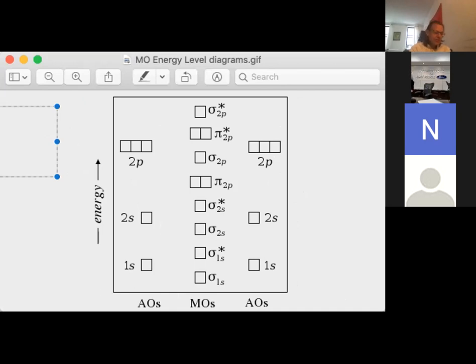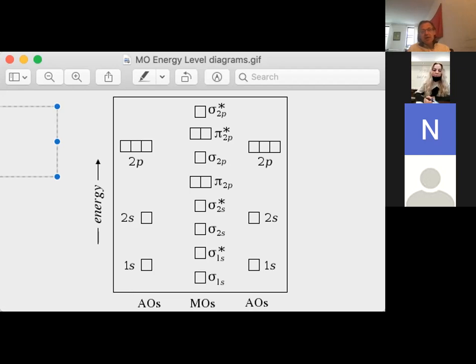So this particular diagram shows you how you add the atomic orbitals for two atoms to make the molecular orbitals. So notice there's orbitals on the left side, AOs, and there's orbitals on the right side, AOs. Those are the atomic orbitals that we're mixing from two separate atoms.